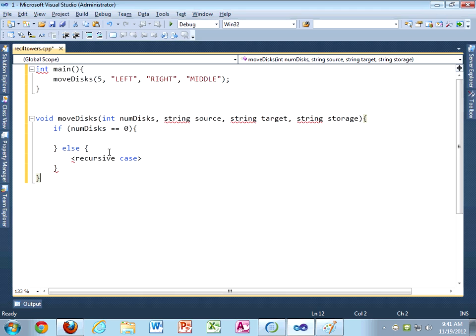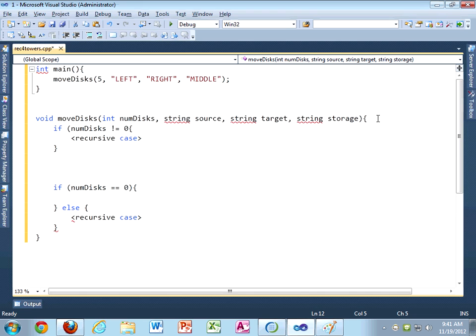So really, we want to just say if num disks is not equal to 0, do the recursive case. Does that make sense? So that if-else statement I have there is actually equivalent to that, right?